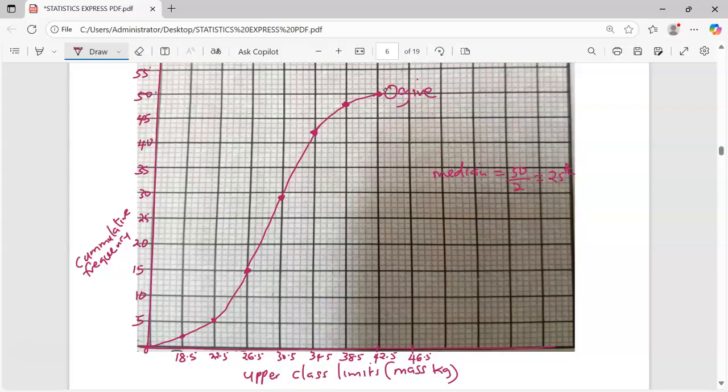So you go to the cumulative frequency curve where we have 25. Then you draw a broken line towards the curve, and another broken line downwards so that we can read off the point where our median lies.